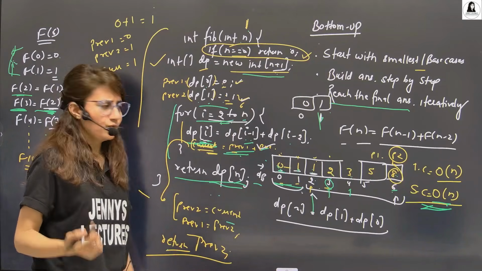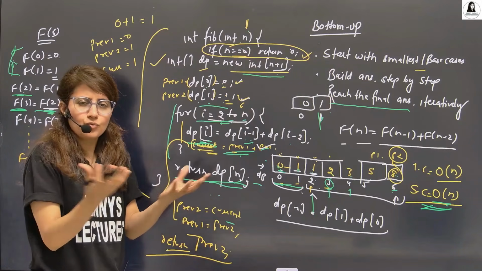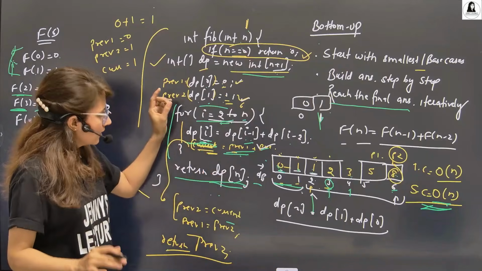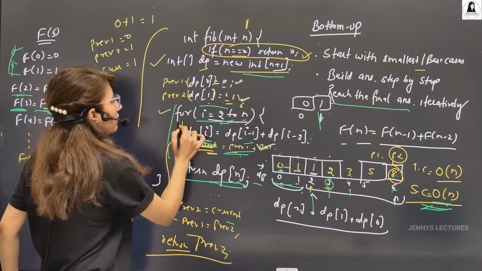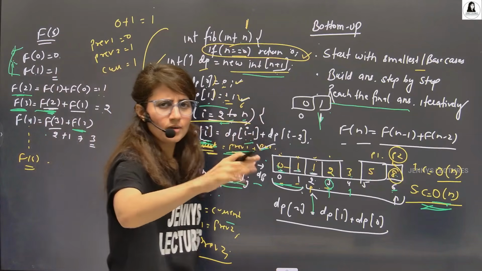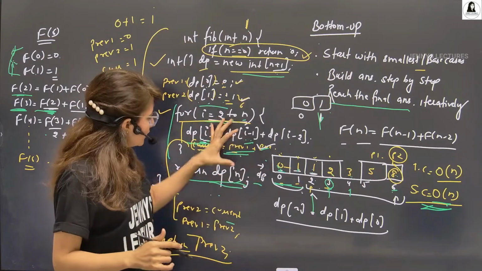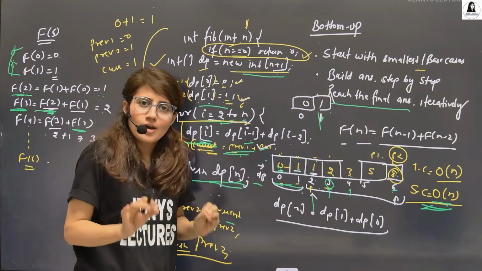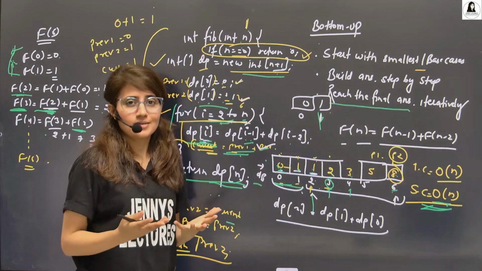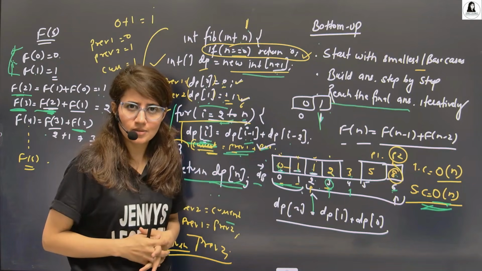We are not taking any array, we are just taking 2 variables. So in this case, time complexity is n because we are running the loop from 2 to n, but space complexity is constant, order of 1. So we optimized this a little bit more in terms of space complexity.